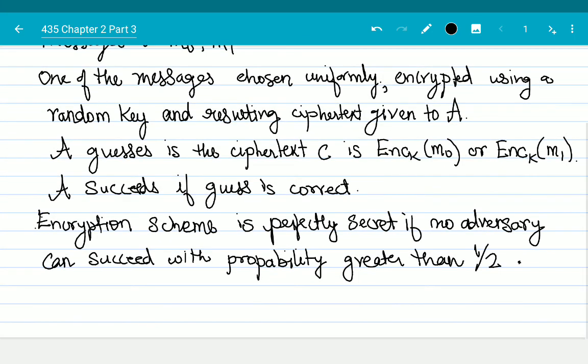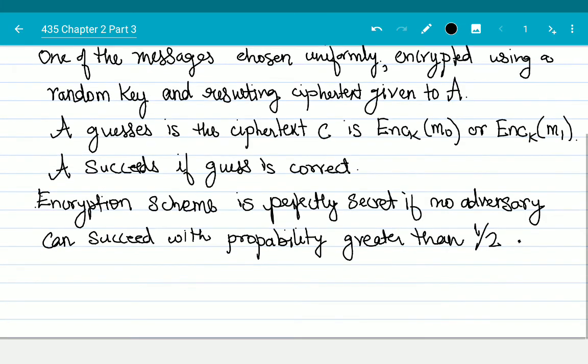Getting probability 1/2 is trivial. You just say always that I am going to guess M0, whatever happens. And since the message is chosen uniformly, half the time the message is going to be M0, half the time the message is going to be M1. And so you're always going to get half trivially. Okay?